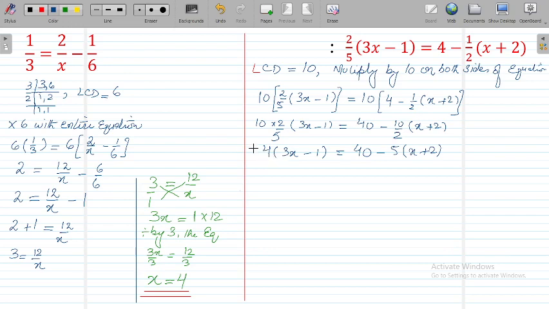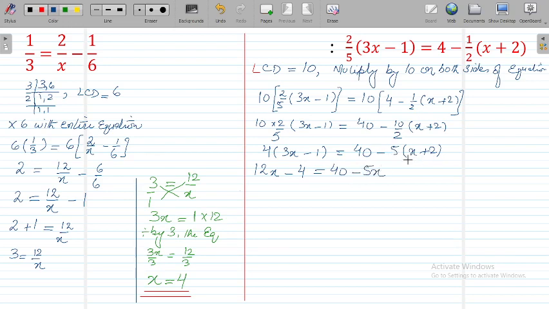So what will happen now? Multiply this 4 with 3x. It will give you 12x. Multiply this 4 with 1, but remember plus minus minus, 4, is equal to 40. Minus 5 multiplied by x will give you minus 5x.